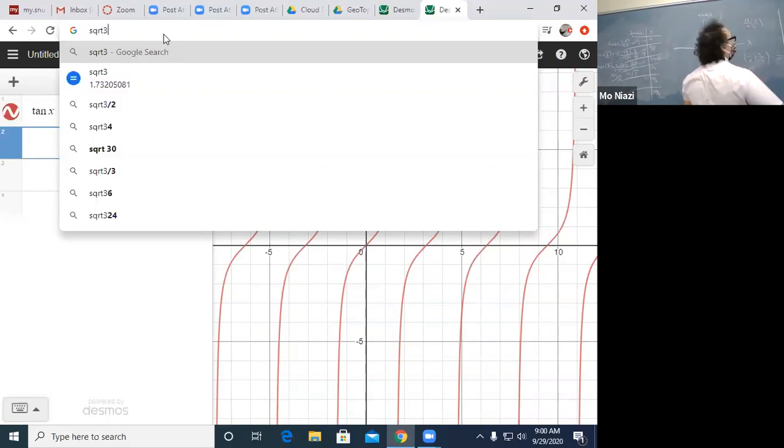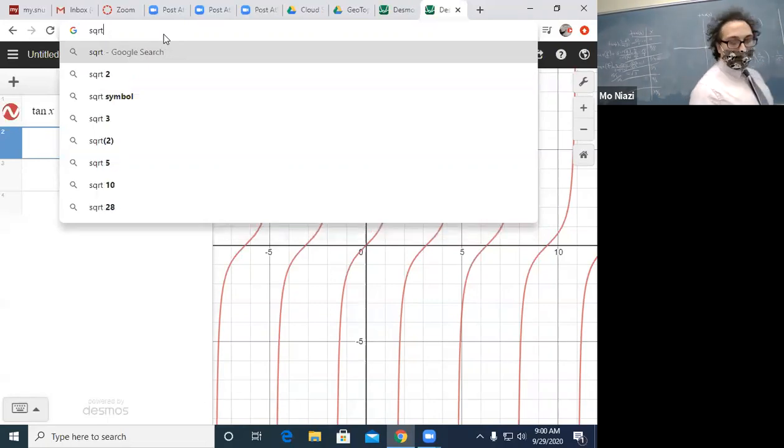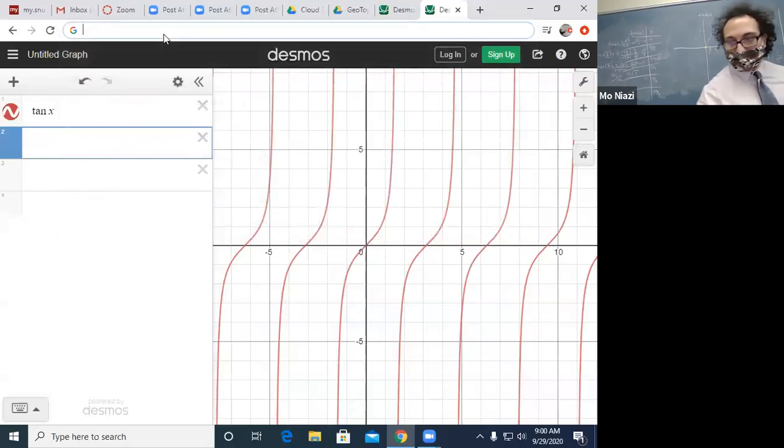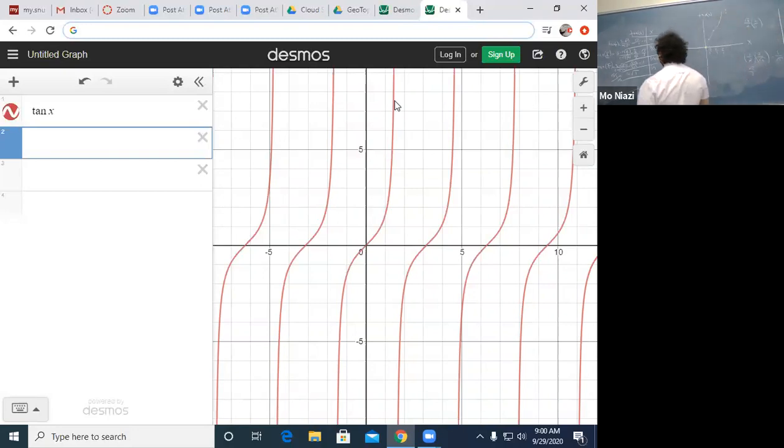But what happens? It seems like it doesn't continue to keep moving to the right forever. It seems like there's a vertical asymptote, if you will, here at pi over 2. Is it not? Well, that's because we're dividing by 0 at pi over 2.